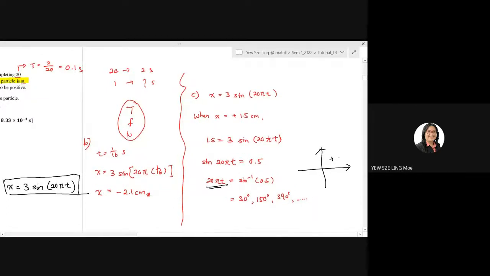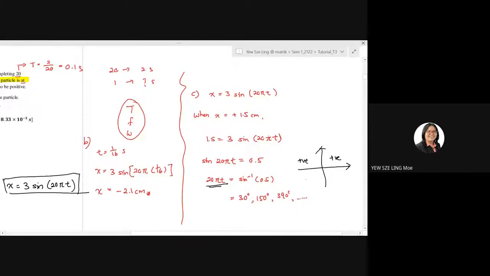Positive sine, positive sine, negative, negative. So 30 degrees in the first quadrant, and 30 degrees above the x-axis in the second quadrant, that is a positive sine value.